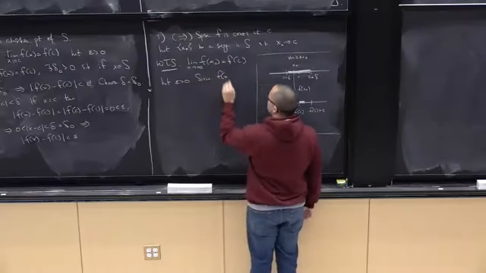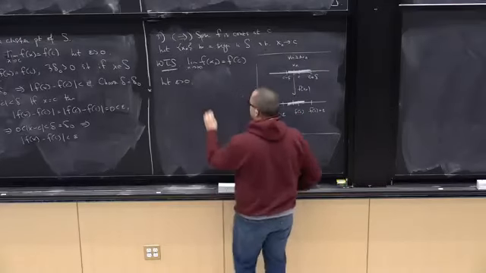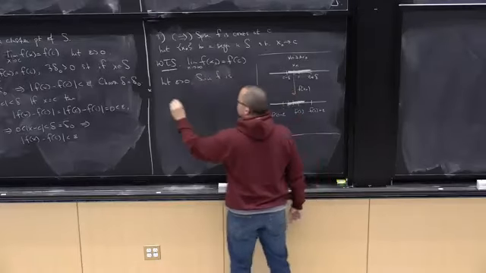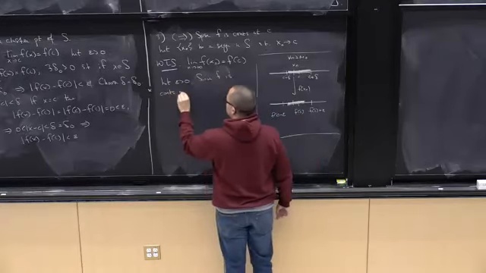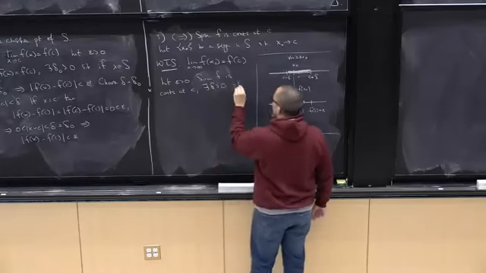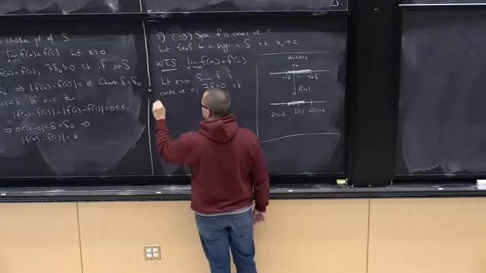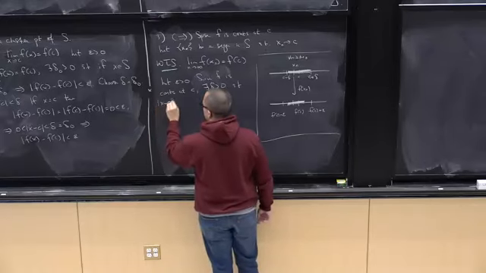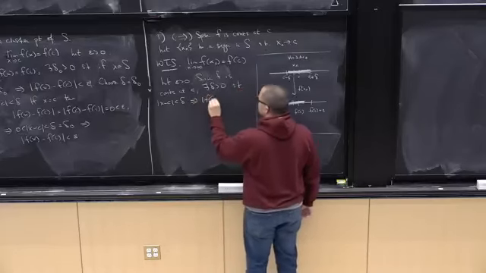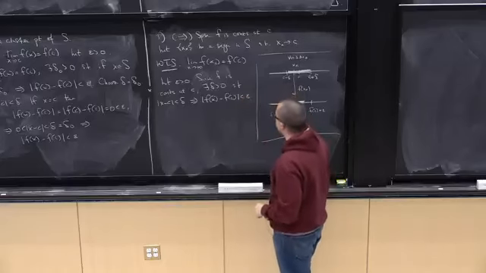So since f is continuous at c, there exists a delta positive such that if |x minus c| is less than delta, this tells me |f of x minus f of c| is less than epsilon. Okay?